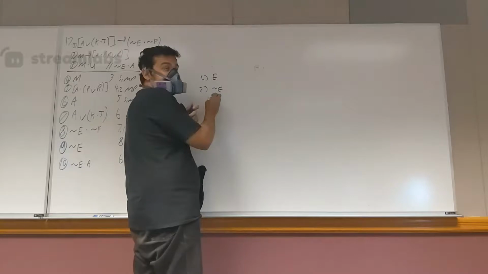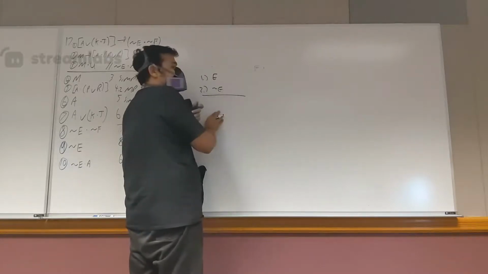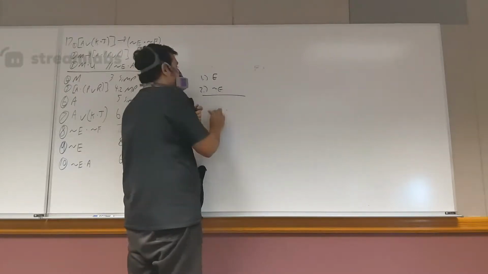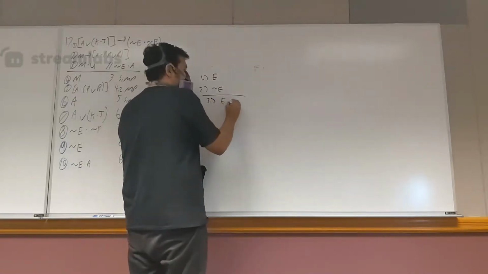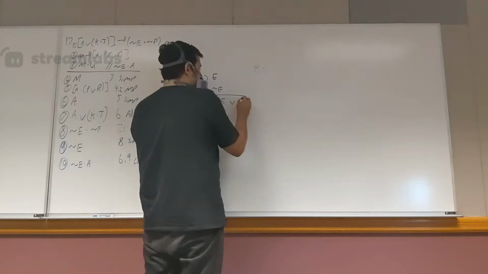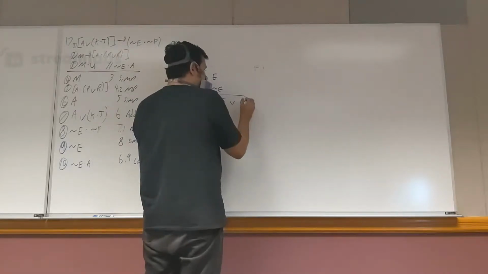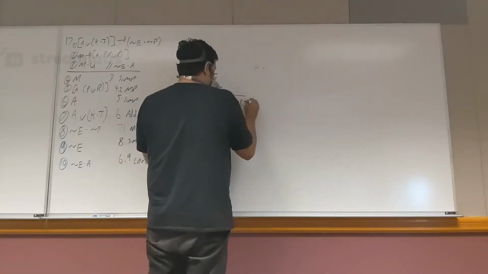If memory serves me right, you could add whatever you wanted. Like you could add something to E using addition, and then make whatever that is you just inferred correct when you use regular E or not E.